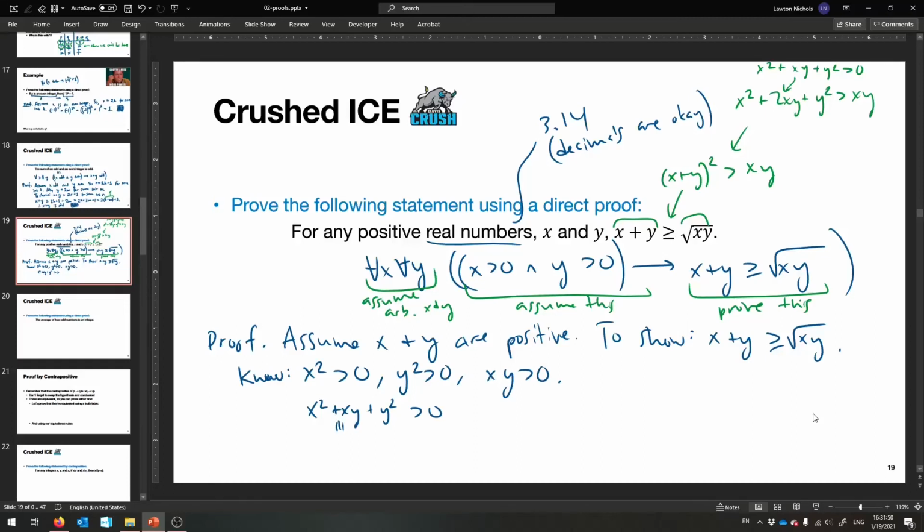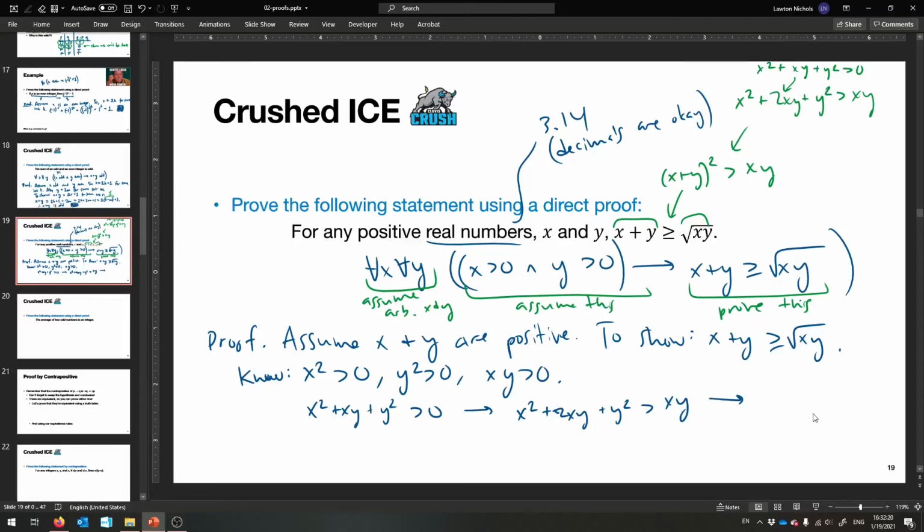We can turn that into, by math, going the other way. We can add an xy on both sides. So we get x squared plus 2xy plus y squared, and that is greater than, oh, sorry, greater than xy, because we just added xy to both sides. Silly me.